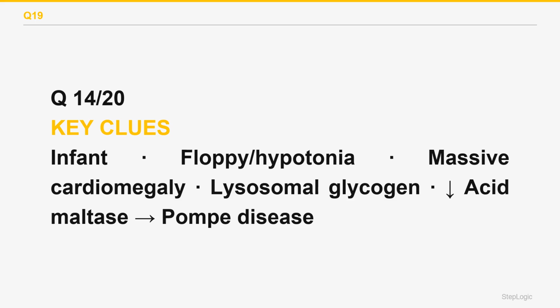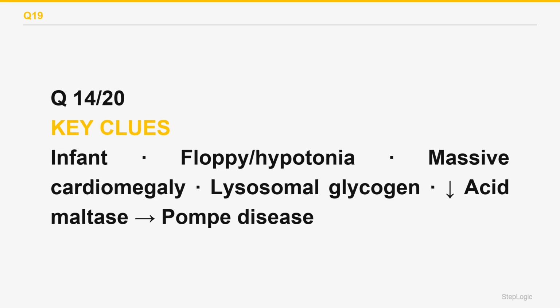This is Pompe disease, glycogen storage disease type 2, caused by a deficiency of acid alpha-glucosidase, also called acid maltase. This is a lysosomal enzyme that degrades glycogen within lysosomes. When it is deficient, glycogen accumulates inside lysosomes throughout the body, particularly damaging cardiac and skeletal muscle.